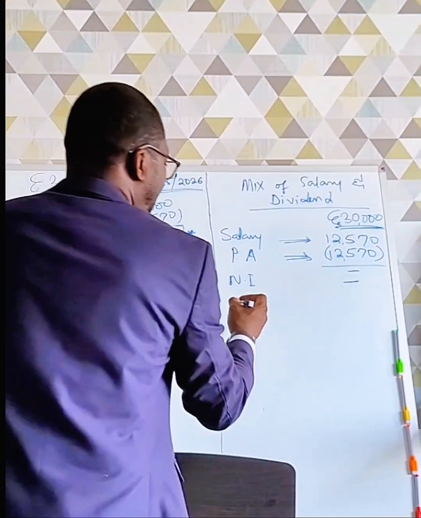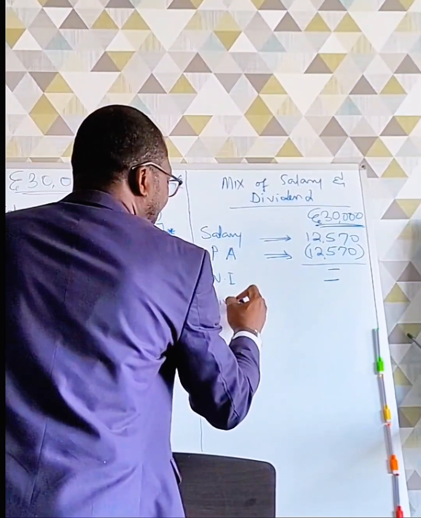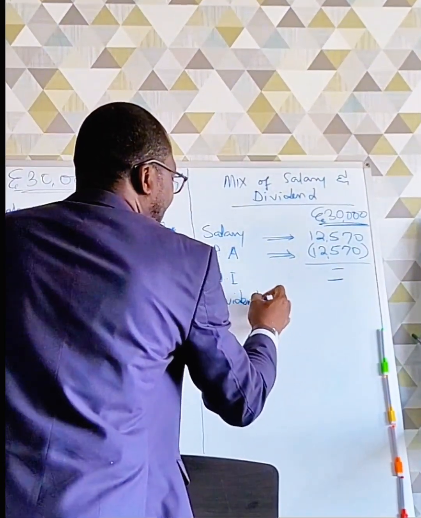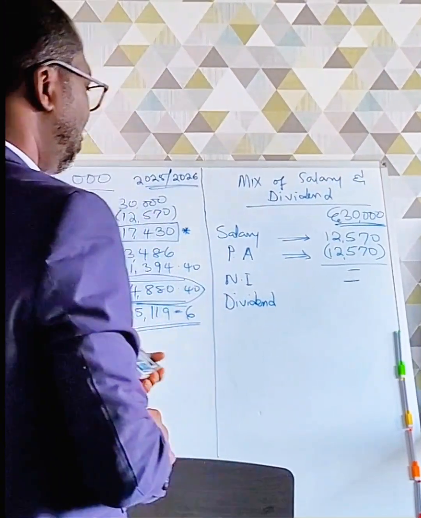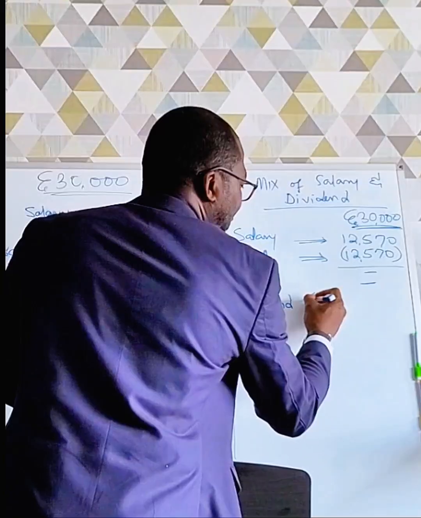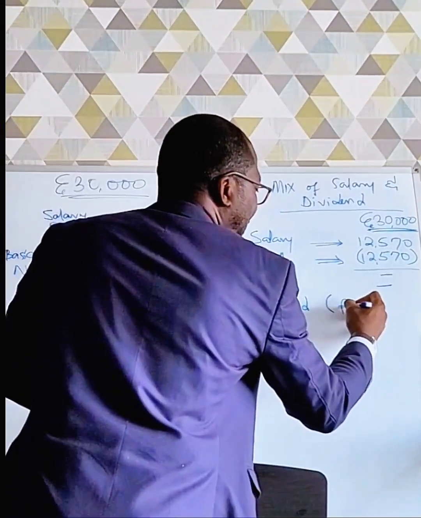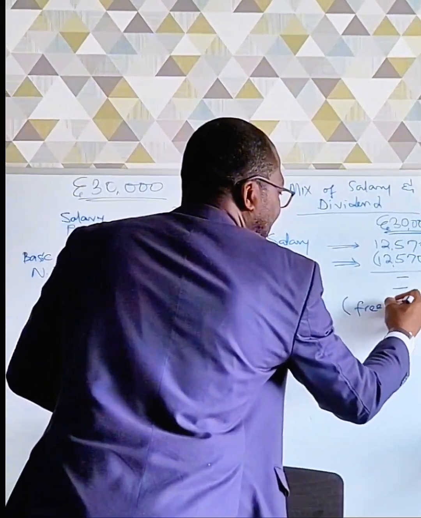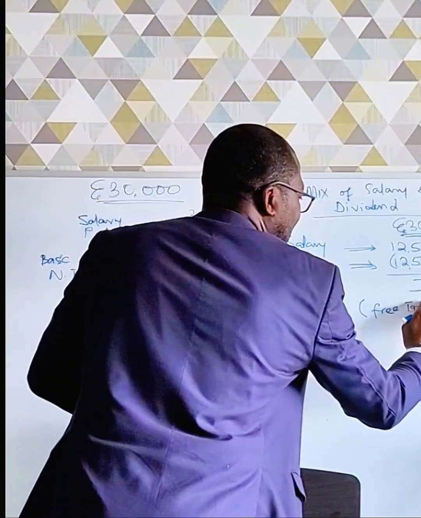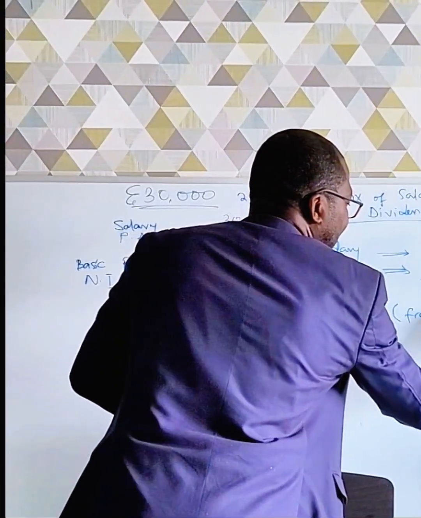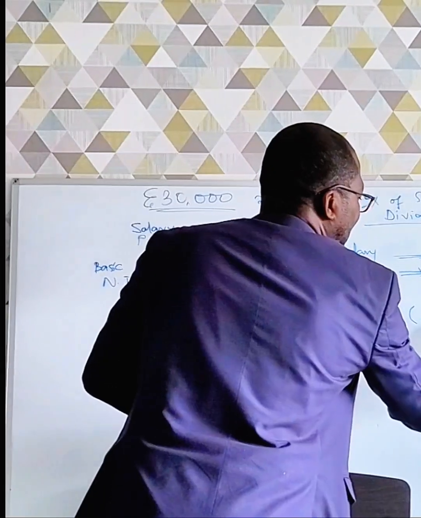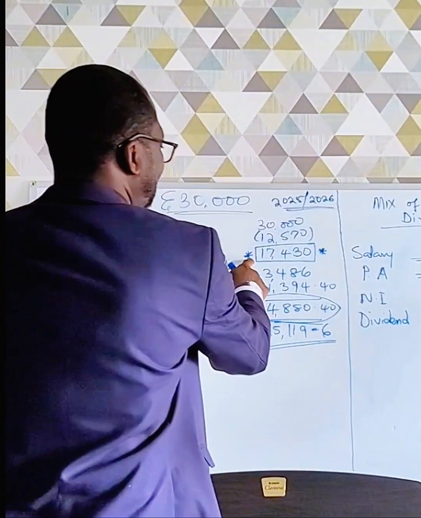But when we talk about dividend now, because you need to pay dividend, right? Under dividend, there is a free tax allowance of 500 pounds, right?